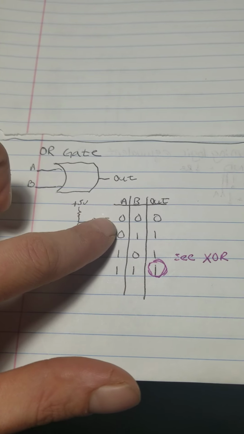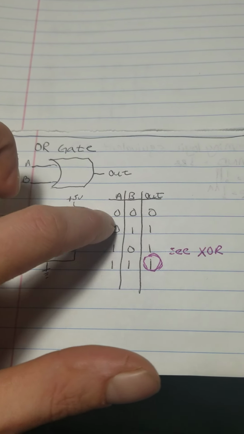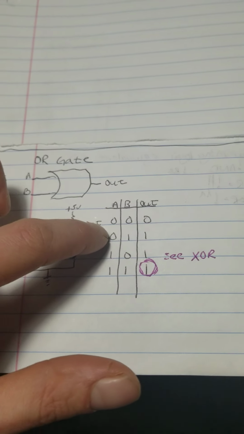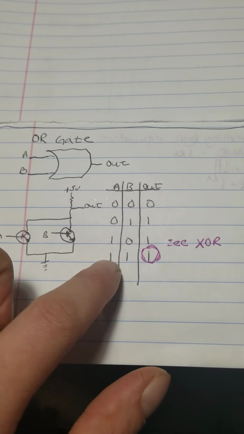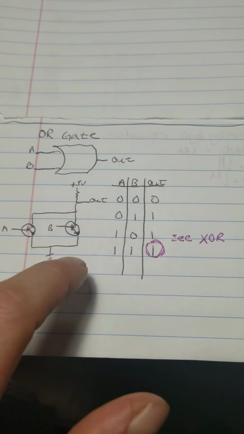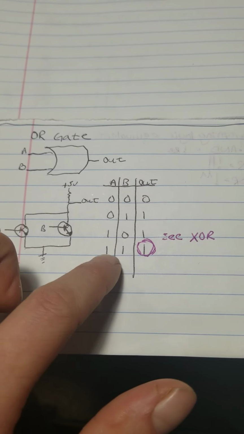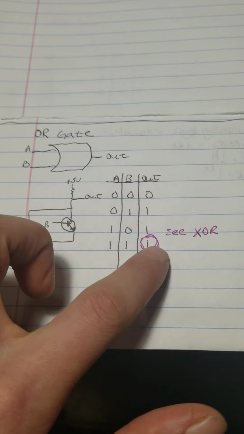If A is off but B is on, you'll get an on because one of those is on. Likewise here. And then at the bottom here too, if both of them are on, you'll still get a 1. Because one of the two is on. Actually, in this case, both of them are on.